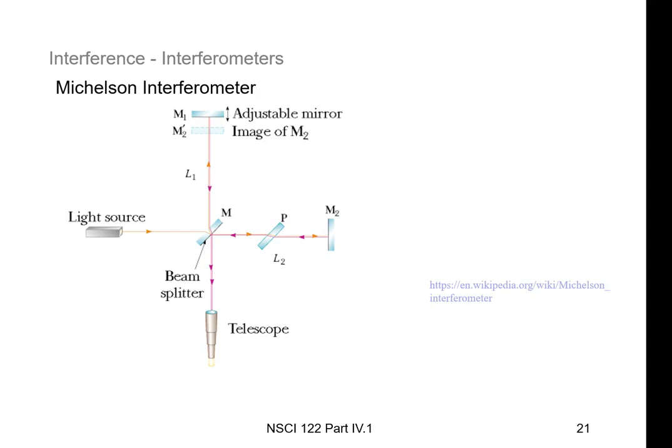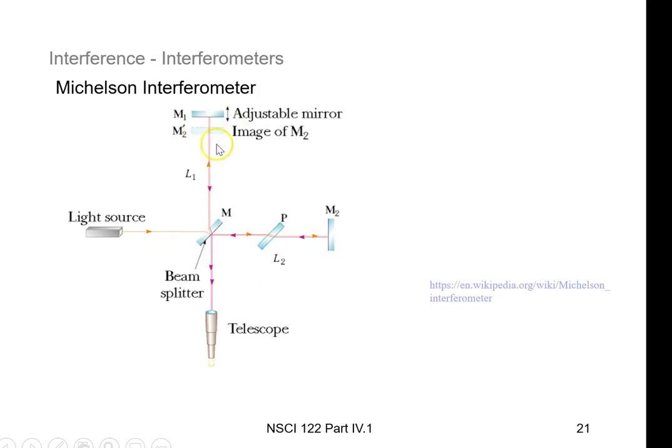Now, one of the things that you can do is move this mirror and just count how many bright, dark, bright, dark changes I see. That's usually called a fringe shift in the jargon of interferometry. By knowing the number of fringe shifts that you get and knowing the distance that you move that mirror, you can figure out, for instance, the wavelength of the light. That's how the wave meter that we have works.